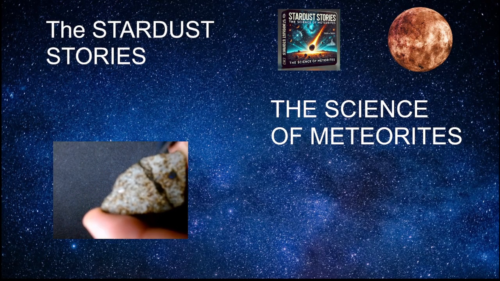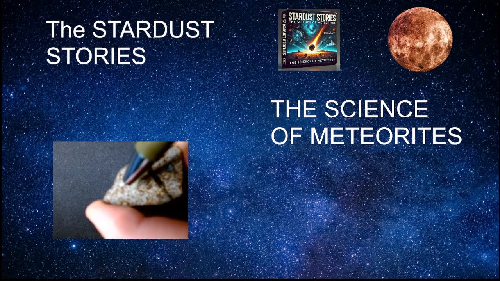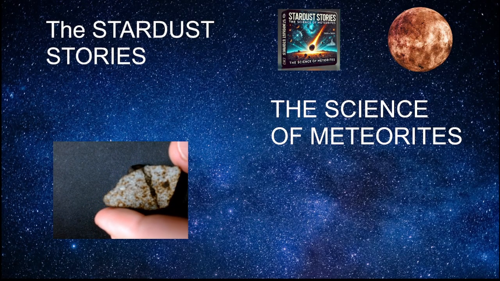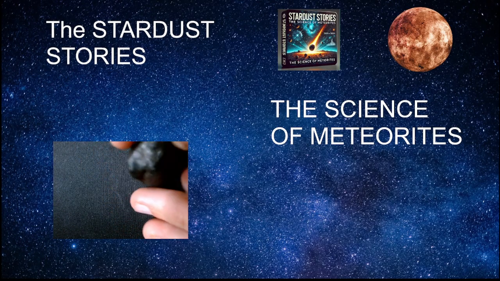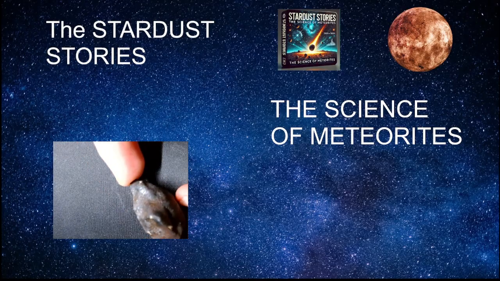So there are some chondrules like here, and the chondrules are remnants of the original material that was formed 4.56 billion years ago.